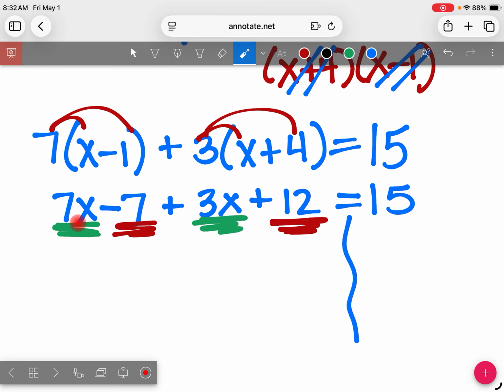So it's not 7x minus 3x. It's just 7 apples and 3 apples. That gives me 10 apples. If I owe you 7 and I have 12, after I pay you back, I have 5. Negative 7 plus 12 is 5.